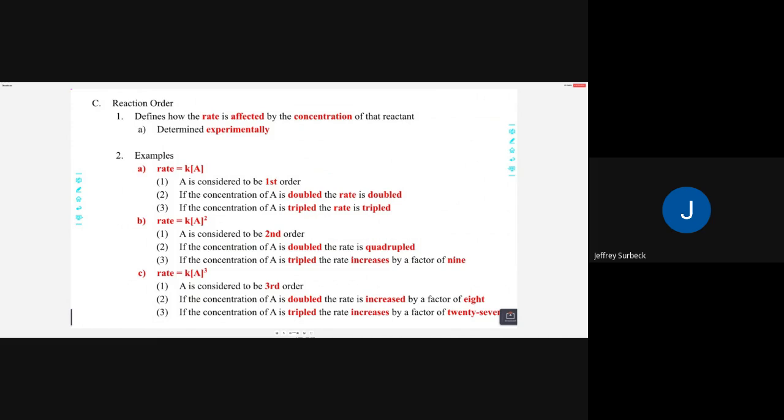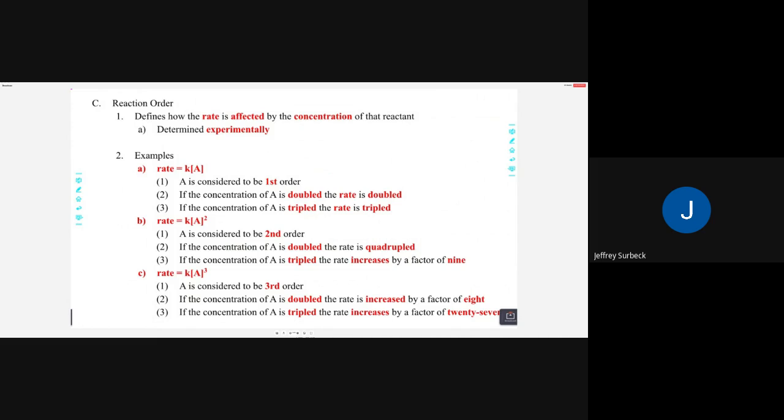So if we have a first order reactant, if we double the concentration, we double the rate. We move down here to something that has a second reactant order, and notice this is a squared value.